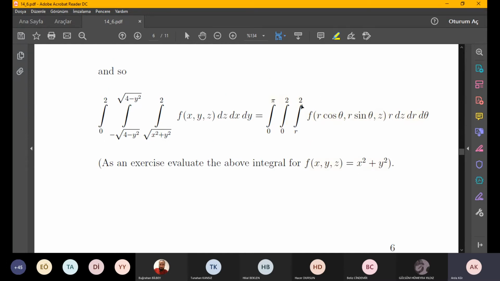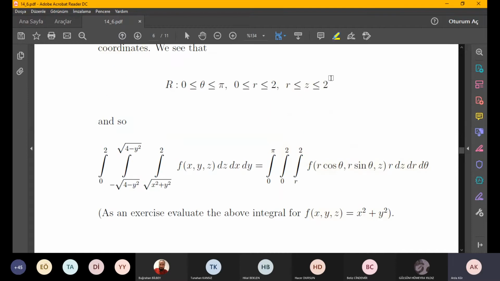So you try to find out the triple integration over R in cylindrical coordinates of r square. So it will become r square times r times dz dr d theta. So it will be r cubed times dz dr d theta.